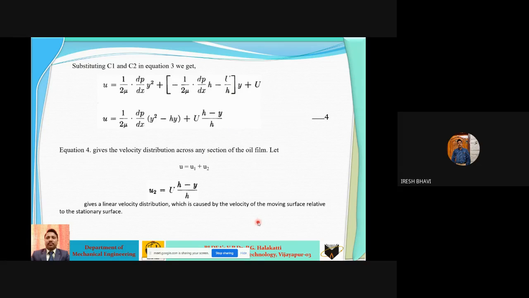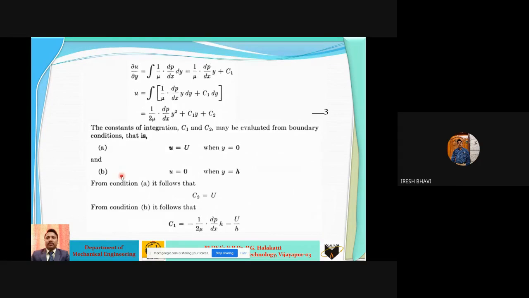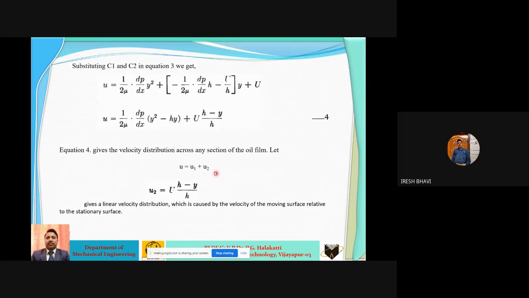Now the second term, that is u2, is equal to U into h minus y by h. This gives a linear velocity distribution which is caused by the velocity of the moving surface relative to the stationary surface. This is the linear velocity of the moving surface.